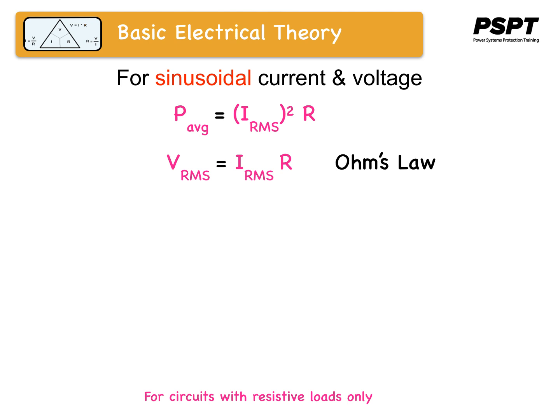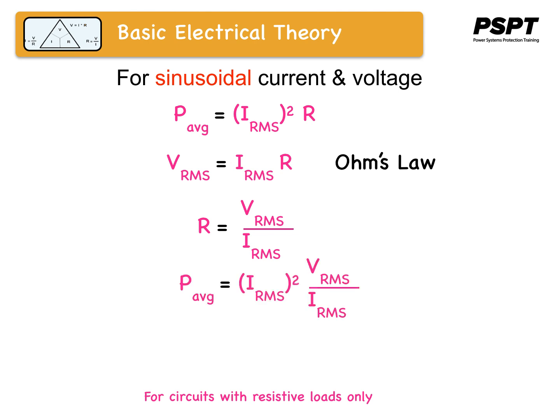And Ohm's law can be stated in terms of RMS values as well. VRMS is equal to IRMS times R. You can rewrite that equation in terms of R, where R is equal to VRMS all over IRMS.